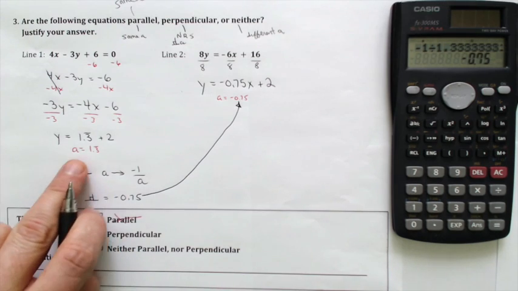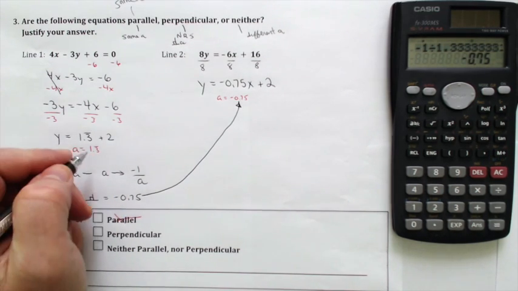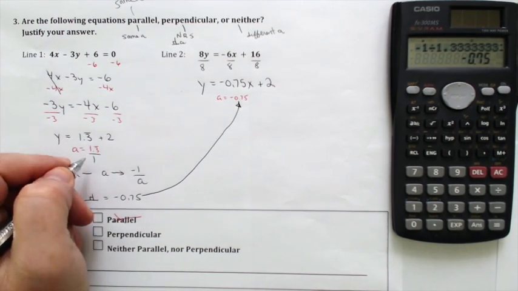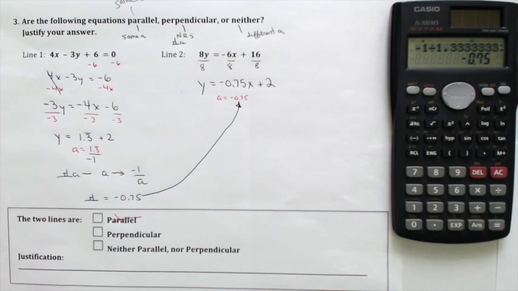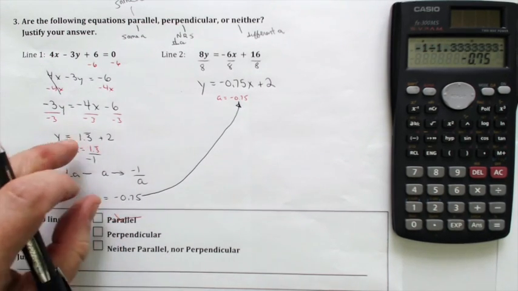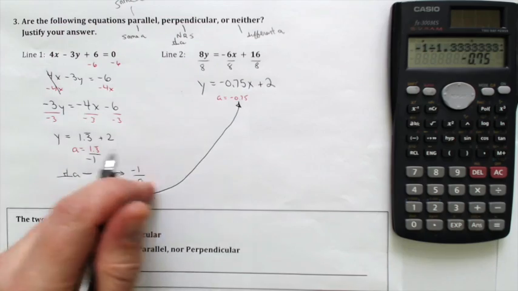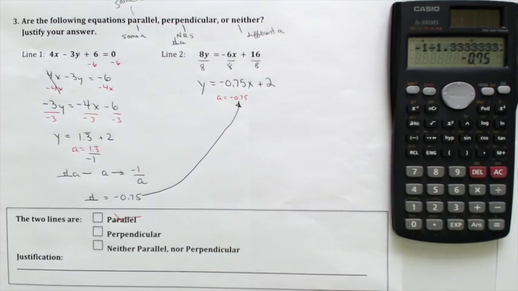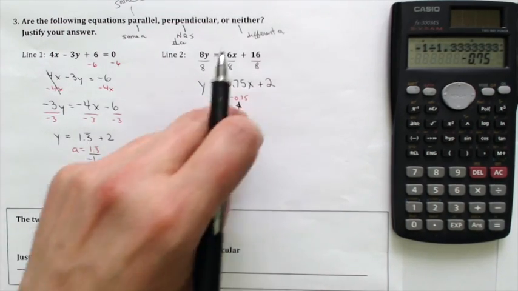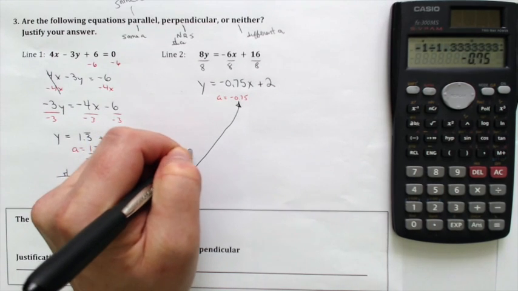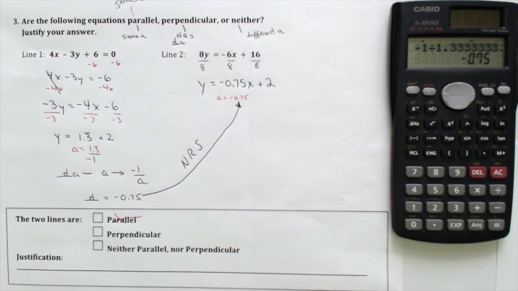So when I took the negative reciprocal of 1.3, put it over 1, flip it, and change the sign, that creates the negative 0.75. They're the same. They are the negative reciprocals of each other, negative reciprocal slopes. So these are perpendicular lines.